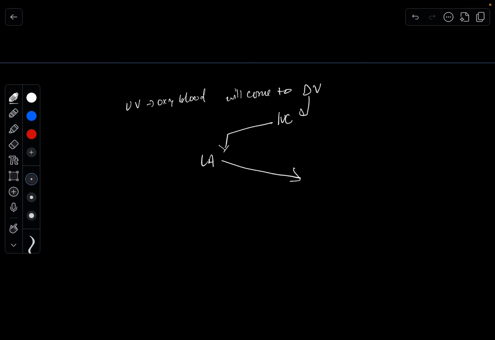Most of it will get shunted via foramen ovale to left atrium. The rest goes to right ventricle and left ventricle.